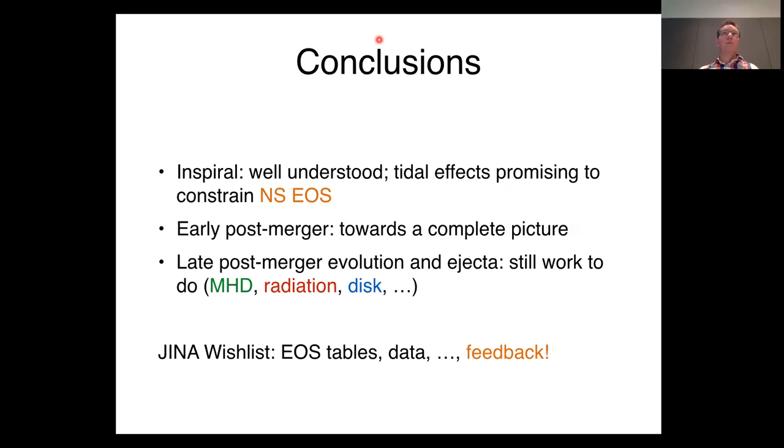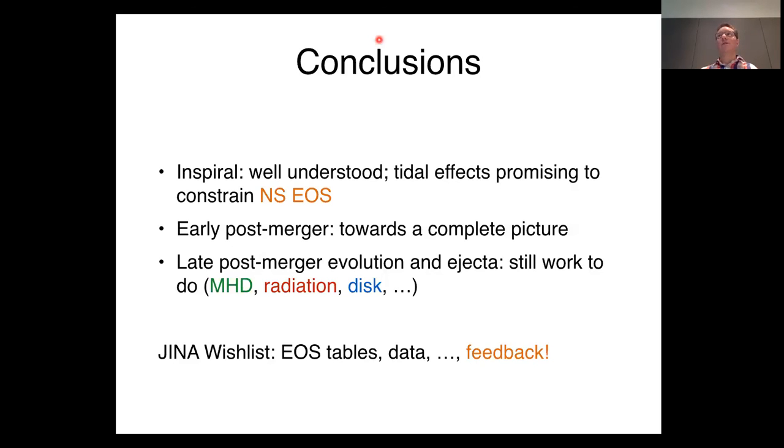We know how to produce, or we think we know how to estimate, the kind of electromagnetic counterpart that you will get from, for example, disk wind ejecta on longer time scales. What really remains to be done is putting everything together and having a self-consistent model that includes both the evolution of the remnant disk, the way in which the wind from this disk interacts with the ejecta, and the final electromagnetic signature. And all of this even without including MHD.